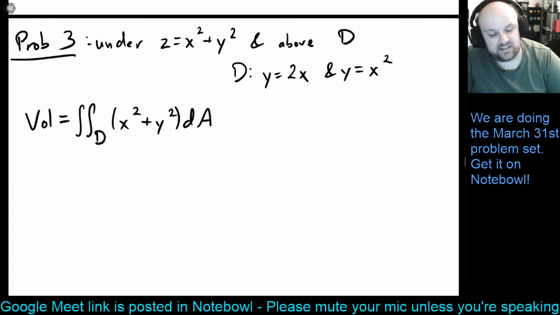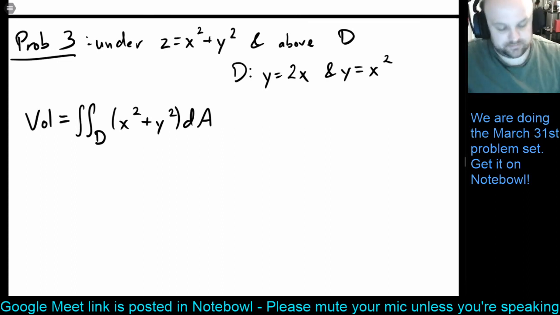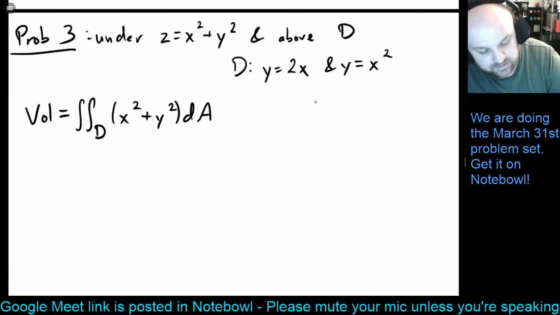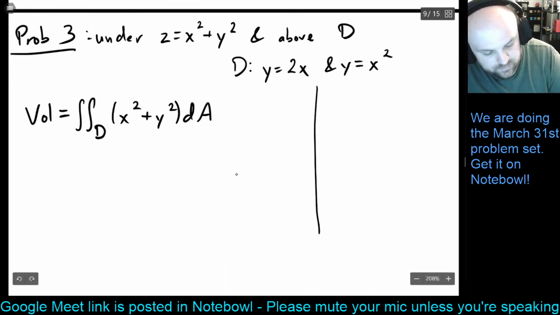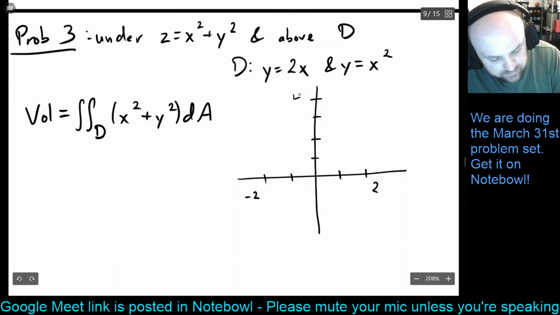So what this means now is we just have to figure out what this region looks like and how to set up bounds for it. So let's graph these. That's how we'll set up bounds. All right.